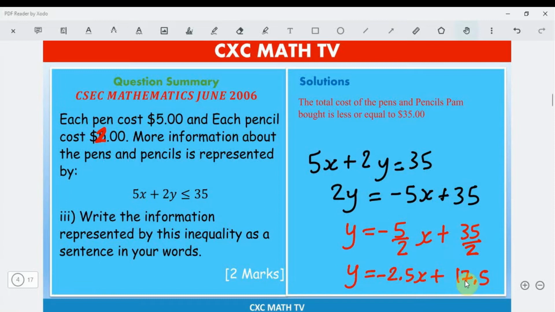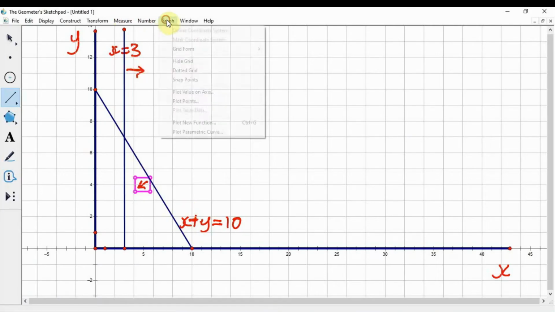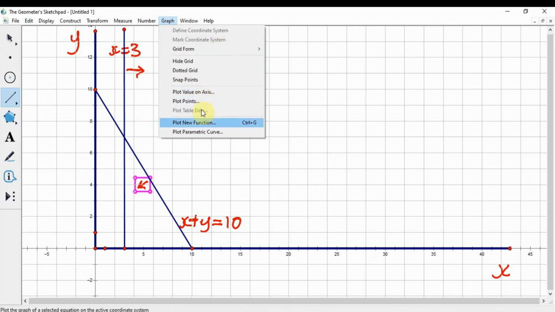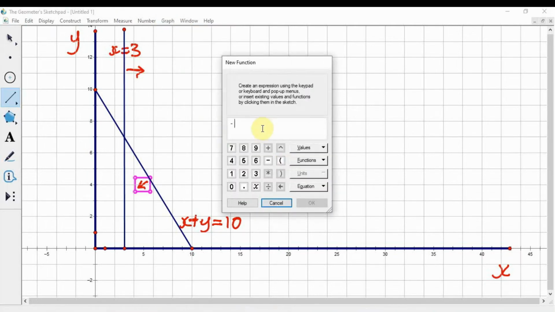I'm just going to insert this line right here. So you need to make sure that you draw a line with a gradient of negative 2.5 and the y-intercept of 17.5. If you were to just insert that line, I'm just going to plot it.